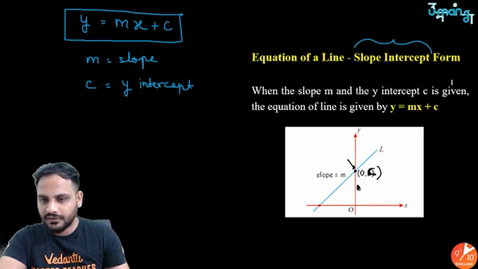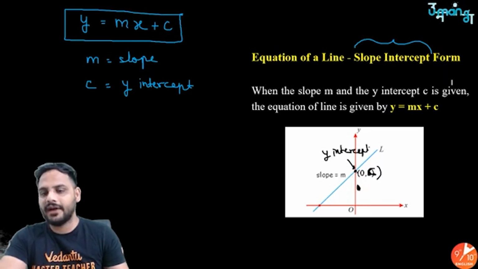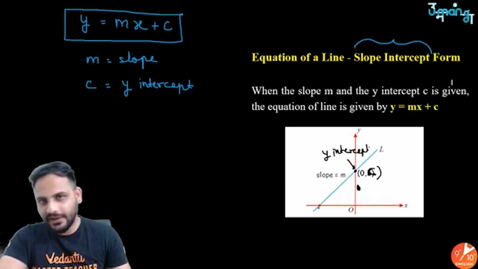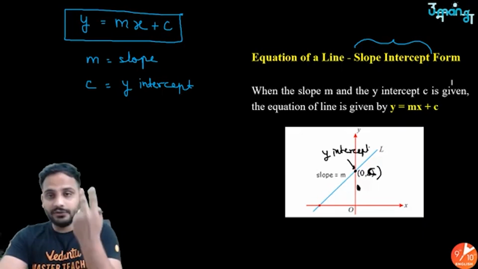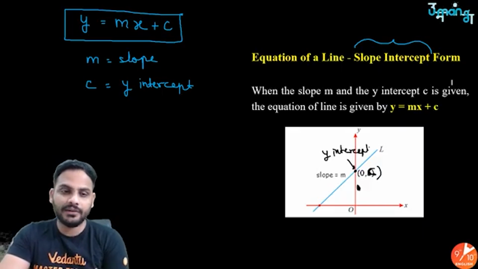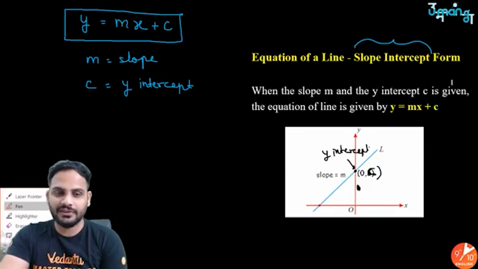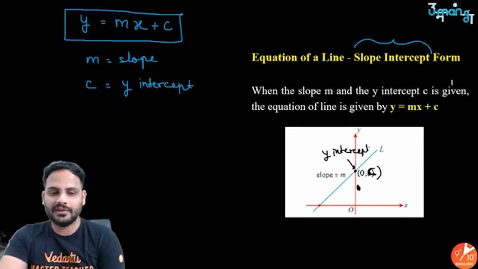So if this point is (0, c), this is called the y-intercept. The point where the line intersects the y-axis is the y-intercept. Wherever it intersects the x-axis will be the x-intercept. So here we need to think about the y-intercept. Using these two, if we know them, we can write the equation as y = mx + c. This is your first form, slope intercept form.